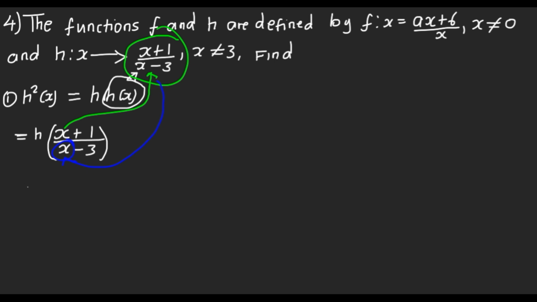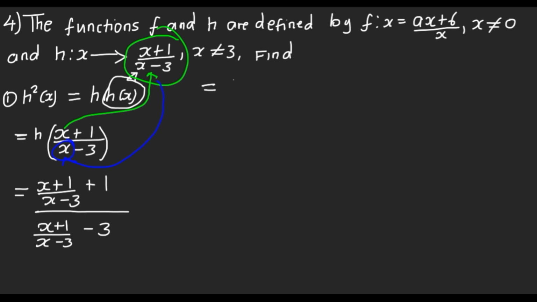So let's do that. Where there is x, we put, so this will be x plus 1 over x minus 3 plus 1 divided by x plus 1 over x minus 3 minus 3. Now, to make this make sense, I'm going to deal with this part as a fraction, so we say it's over 1. We need to find the lowest common denominator.